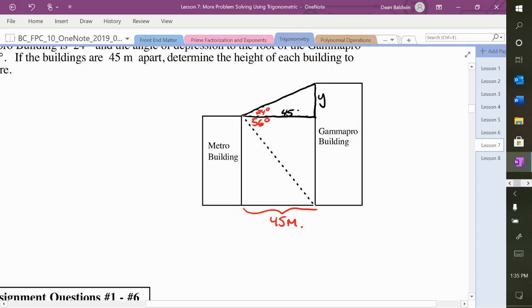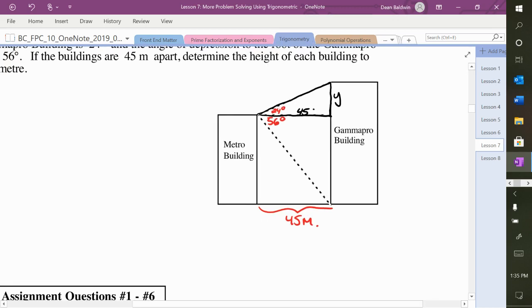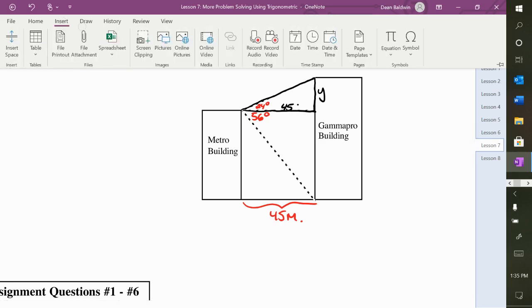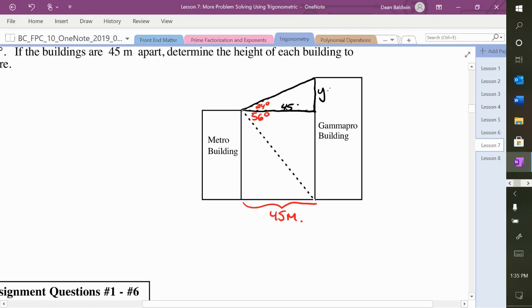So using that triangle, what would y be? How would I find y? What trig function? Tangent, because it's opposite and adjacent.